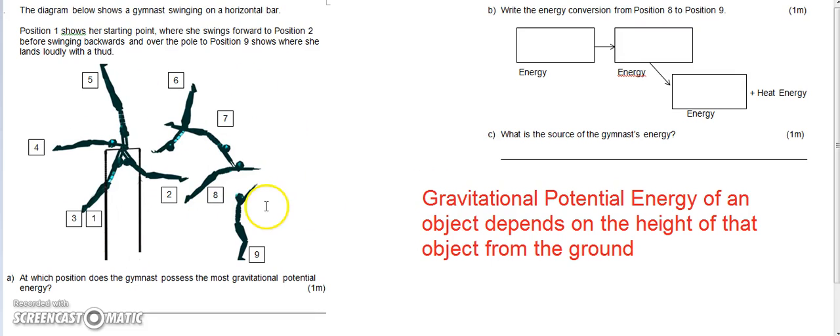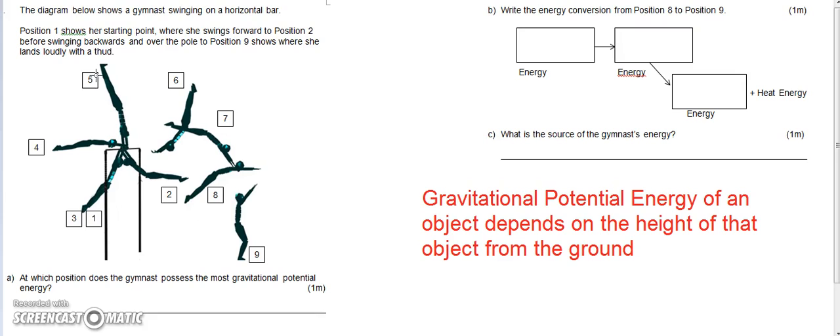So here in this diagram, the lowest would be where the gymnast is at her lowest point, which is right on the ground. So the lowest gravitational potential energy would be at number 9. Similarly, the highest point is where the gymnast is at number 5.